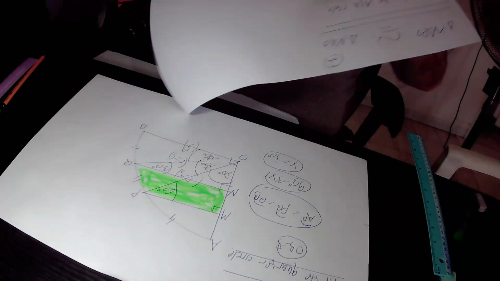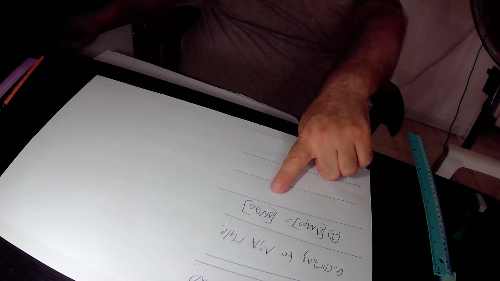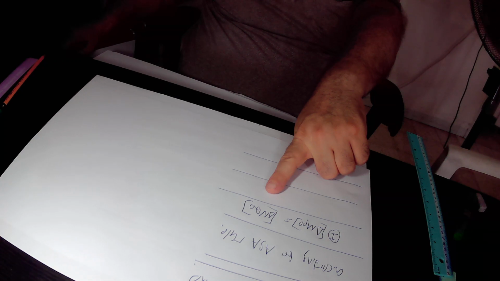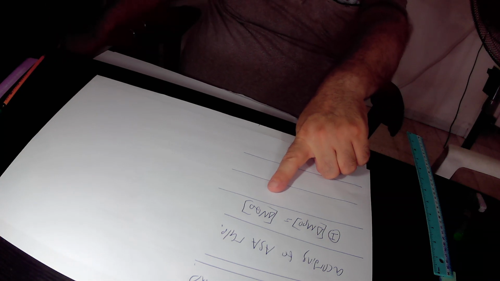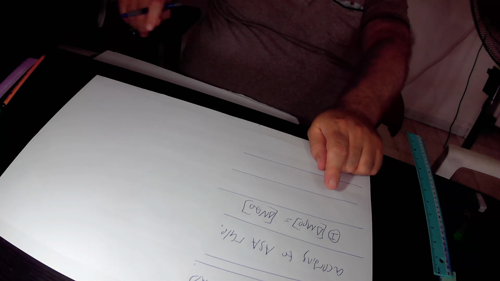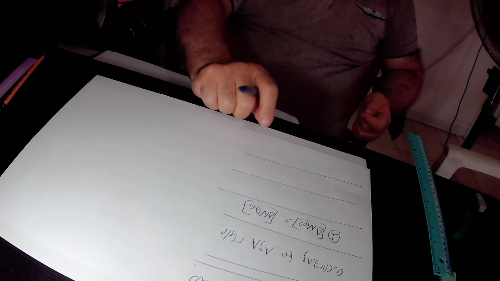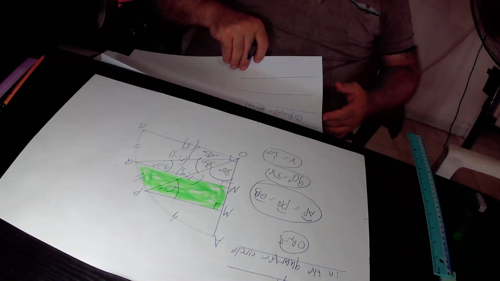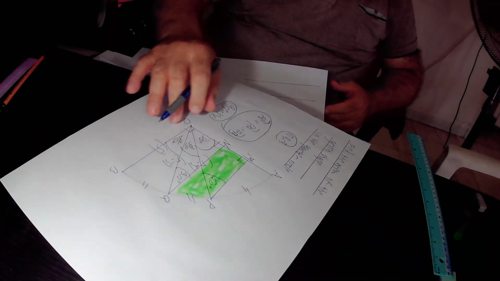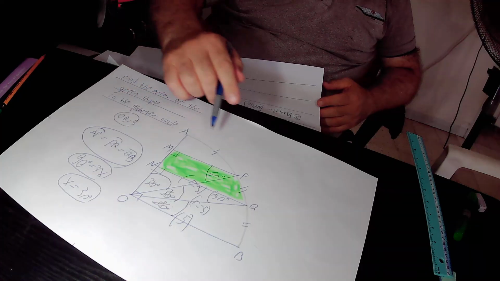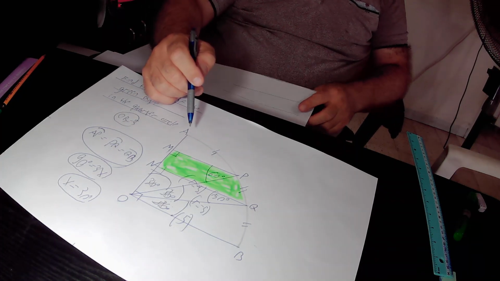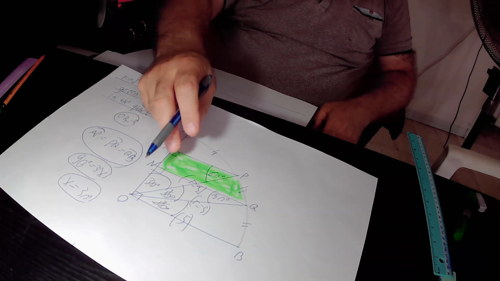And again, the area of the right triangle MPO is equal to the area of the right triangle NQO, because those two right triangles can go into each other. So, the right triangle MPO contains two components.